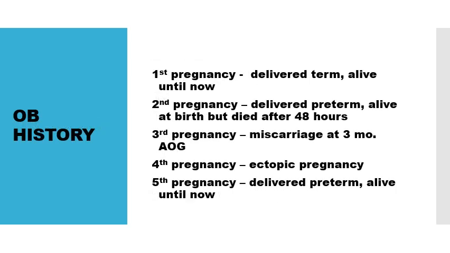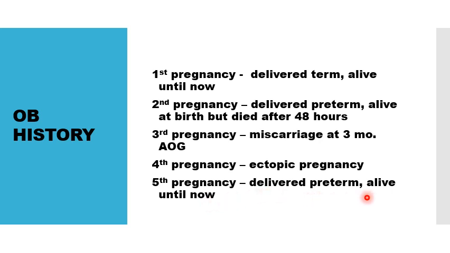In this OB history, what is the OB score? The first pregnancy, delivered term, alive until now. The second pregnancy, delivered preterm, alive at birth, but died after 48 hours. The third pregnancy is a miscarriage. The fourth pregnancy is an ectopic pregnancy. The fifth pregnancy, delivered preterm, alive.